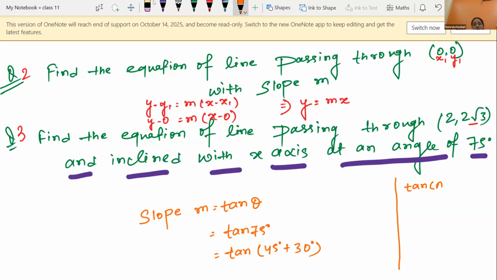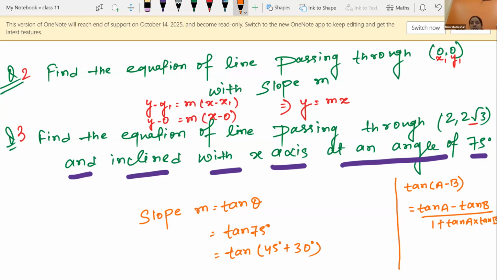Anyone who doesn't know, let me write the formula over here. In the trigonometry chapter, we have a formula in class 11, not in class 10: tan(A minus B) is equal to tan A minus tan B by 1 plus tan A into tan B. So this formula we will put over here.